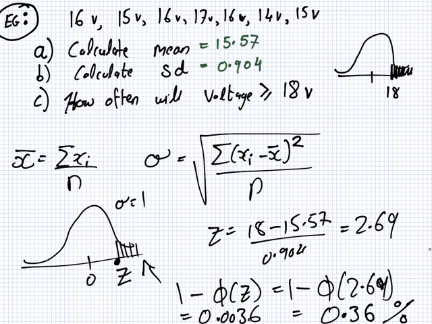It was enough to measure it 7 times and conclude that 1 in 300 voltages will be more than 18. So again, I'm trying to show you how powerful and useful this theory is. Can you write this one down, please? Yeah. Most situations follow this nice bell curve.